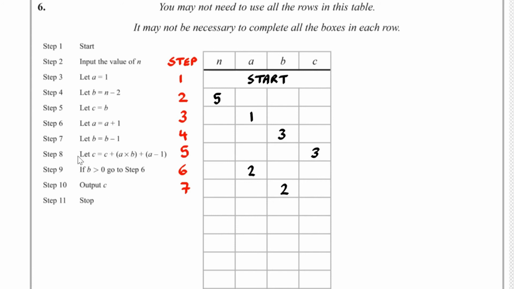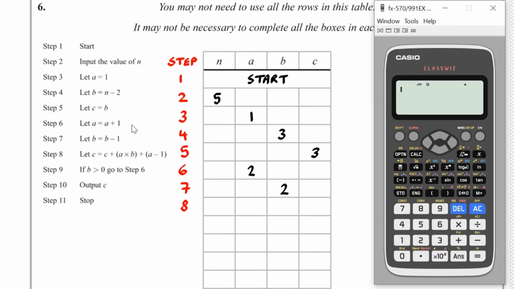Our eighth step is to let c equal our current value of c plus a times by b plus a minus 1. So let's work this out. We've got our current value of c, which is 3.